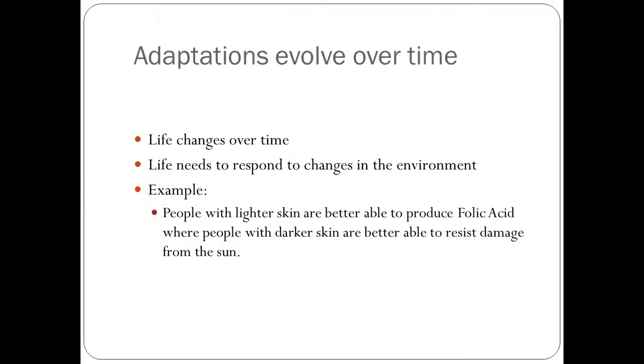The last one is called adaptations evolve over time. This is the simple idea that certain traits, certain things that make you what you are, are passed down from your parents to offspring. A good example for Mr. Russell would be the fact that my eye color is blue. My mom's eye color is blue and my dad's is, I believe, green. So I got my blue eyes from my parents and those were passed down to me.